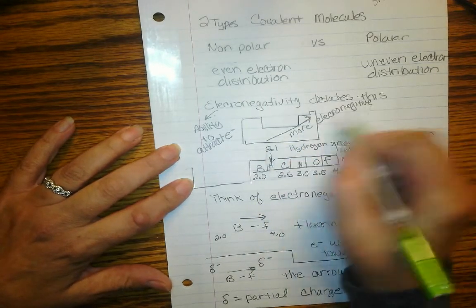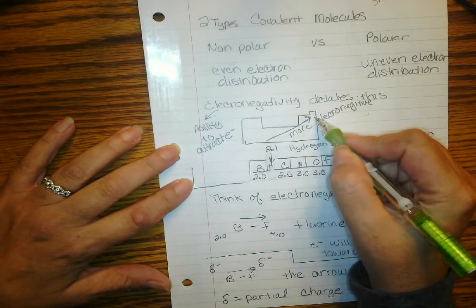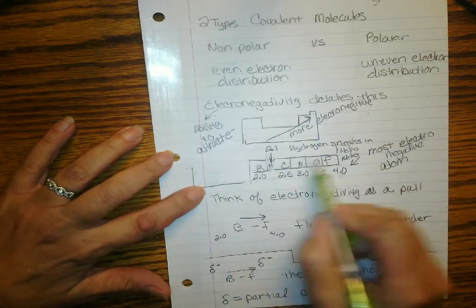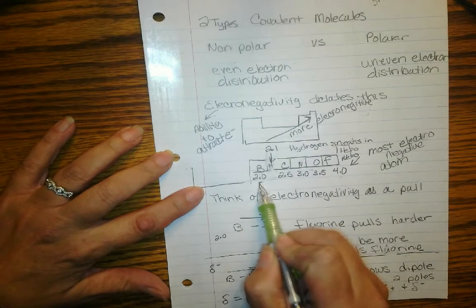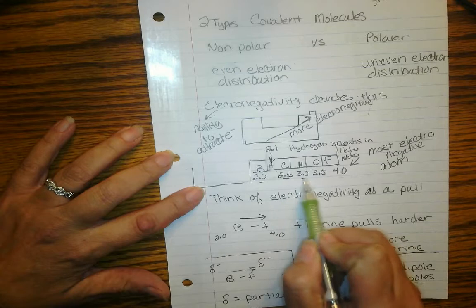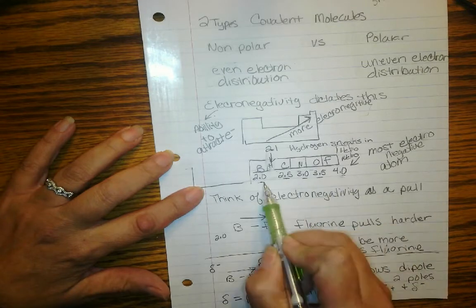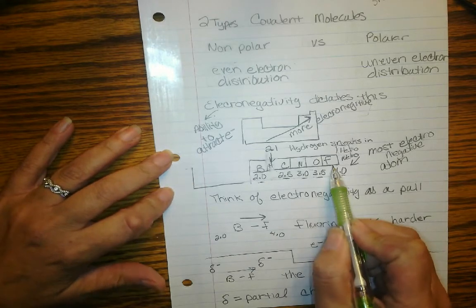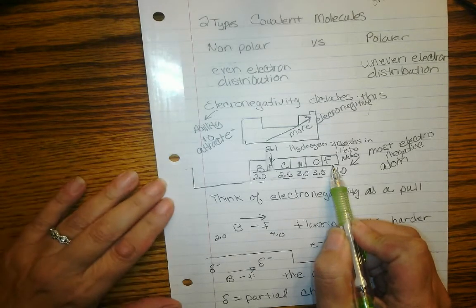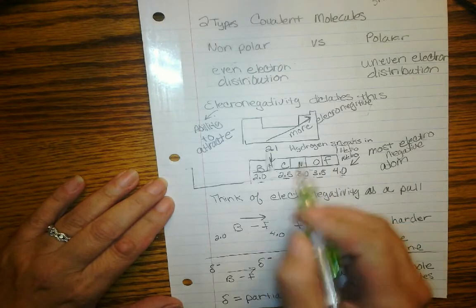More electronegative is up here. Okay, so if I take this little cutout, I look at boron, we have these electronegativity values. That's from a chart. They would be given to you. And I get more electronegative as I go over here. As a matter of fact, fluorine is the most electronegative atom on the chart.